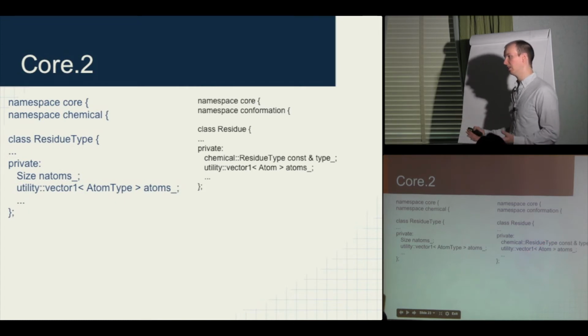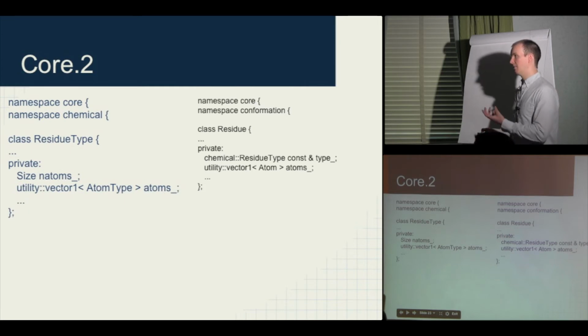That would be the query, or the function that I'm calling. So I'm giving it the index atom 5, and then I call it on an instance of class residue. That function would then go to the type and ask it for the atom type for atom 5. And so to get from one of these guys to one of those guys, you go through this pointer, or through this reference.